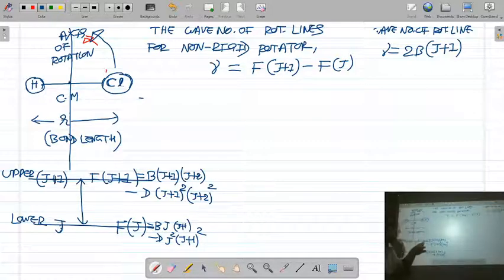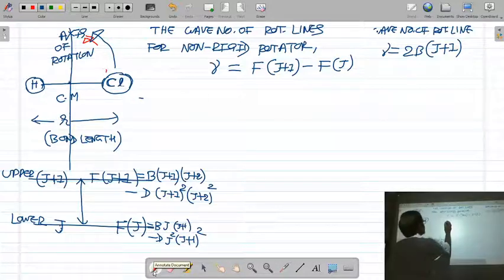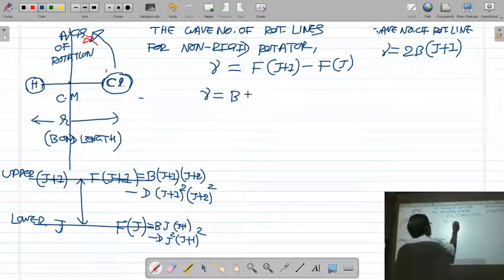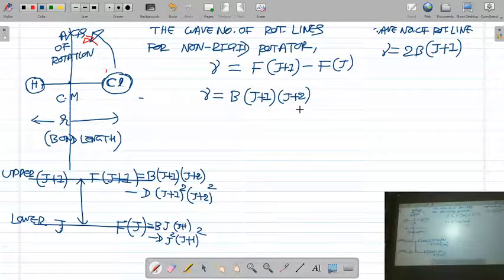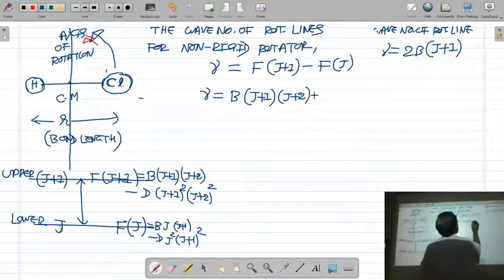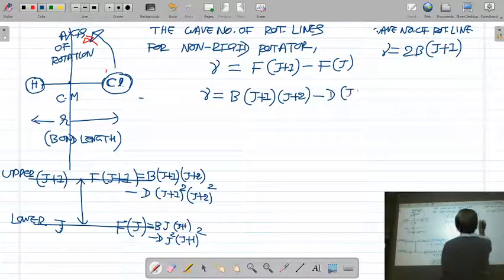Now let us put the values of F(J+1). F(J+1) is B(J+1)(J+2) minus D(J+1)²(J+2)².